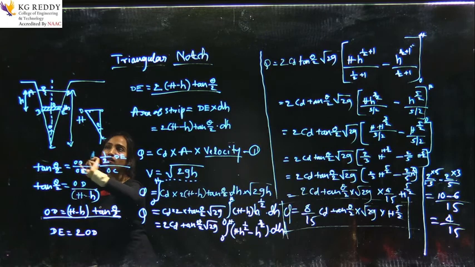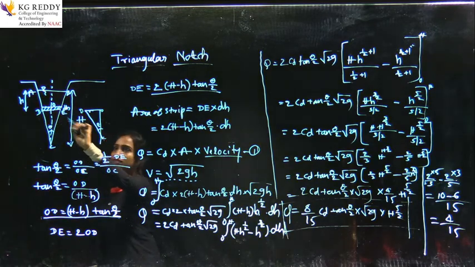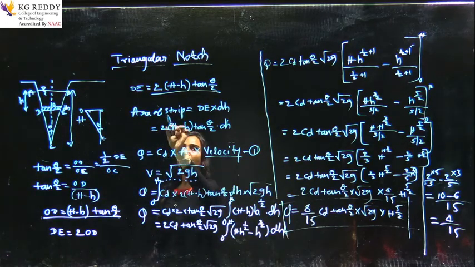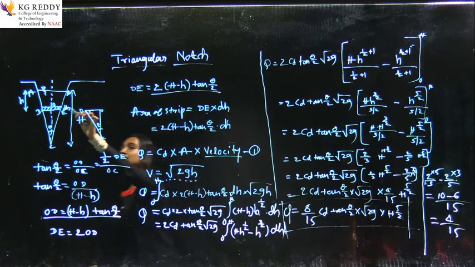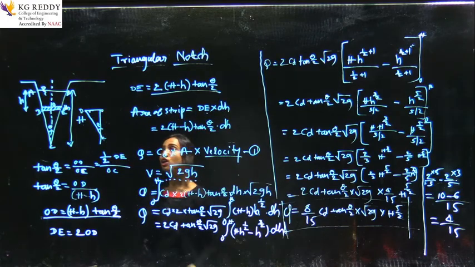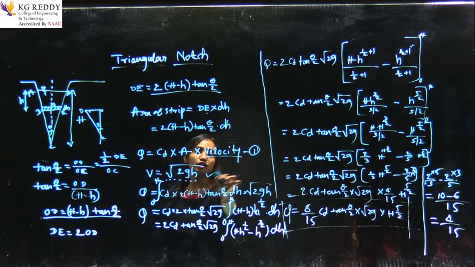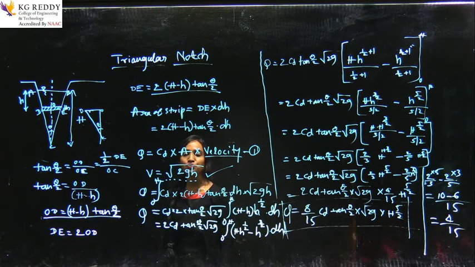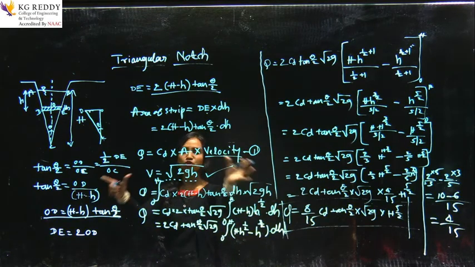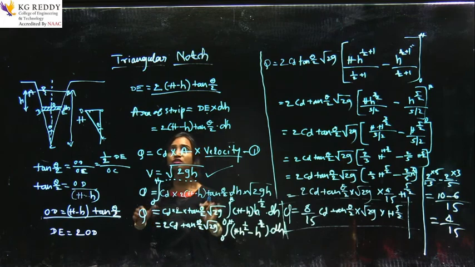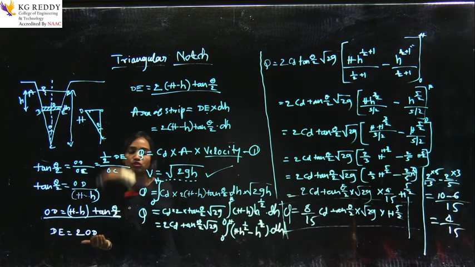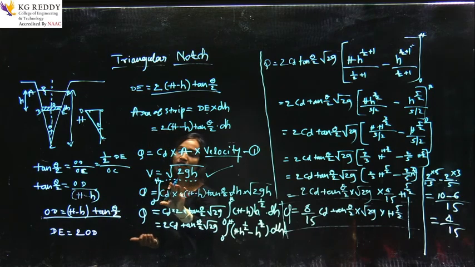Once you find DE, what you have to do? The area of the strip, where the height is dh. When finding the discharge, it is very important to remember that the theoretical velocity V is equal to square root of 2gh. Just substitute all this. Now you start finding the discharge for the whole notch, so apply the integration.